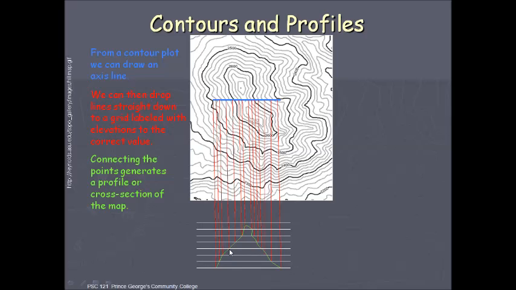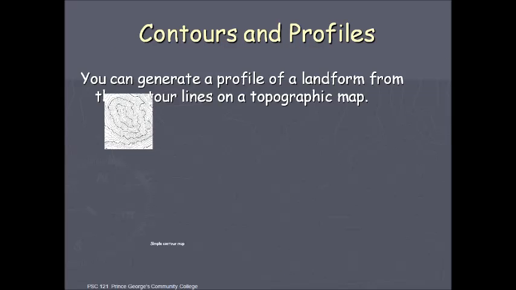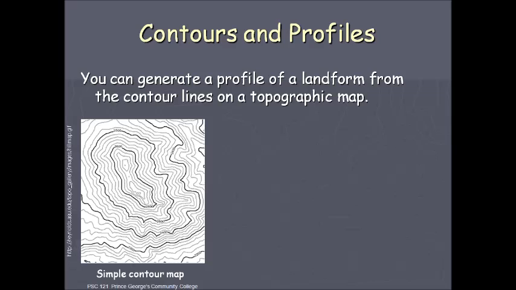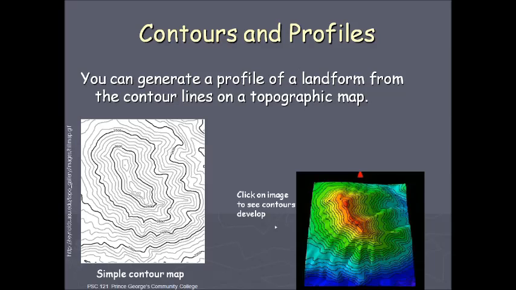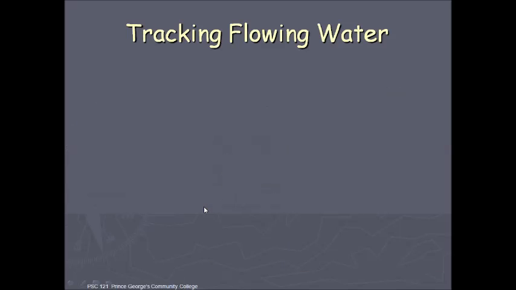So you can see now we have a side view of the hill that represents what we were looking at in the topographic map. So you can generate a profile of a topographic map and see what the shape of the landform is. On the STAAR test, you are likely going to be asked to look at a topographic map and then match it up to the correct profile view.